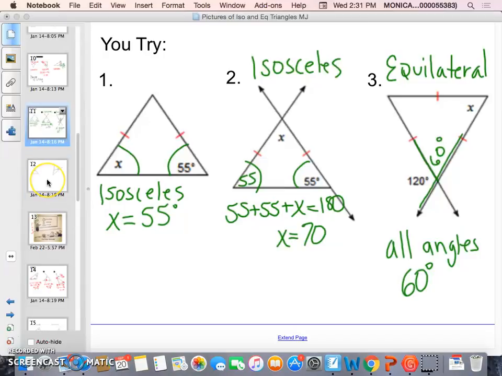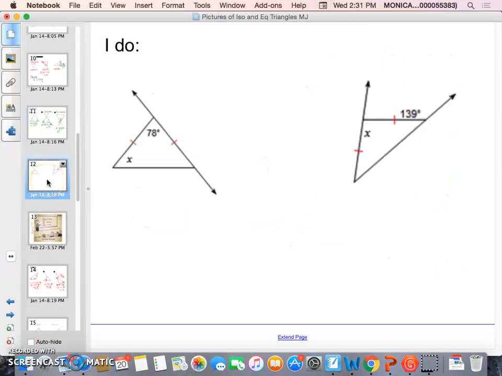We're moving on. All right, here are some more of the examples that I'm going to do with you. So let's look at this example. First of all, I'm going to call this an isosceles because these two sides are congruent and therefore these two angles are congruent. So if I know this one's x, I know this one's also x. So I can say 2x plus 78 is going to equal 180.